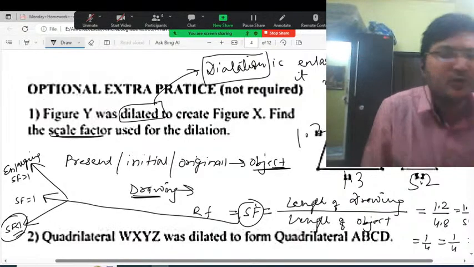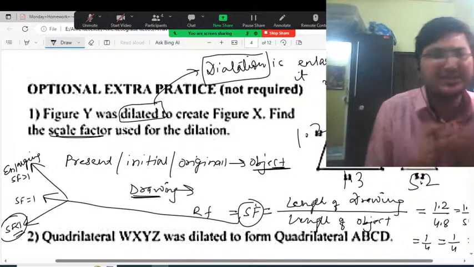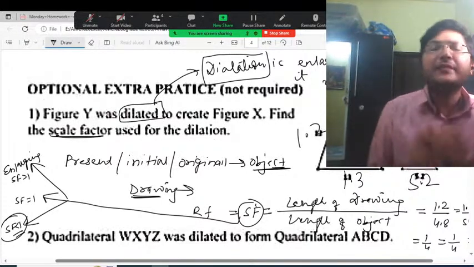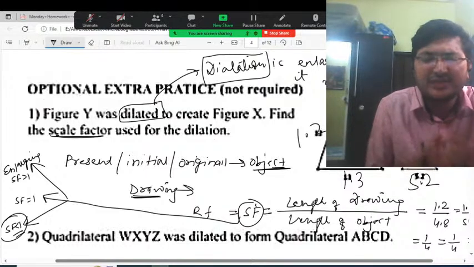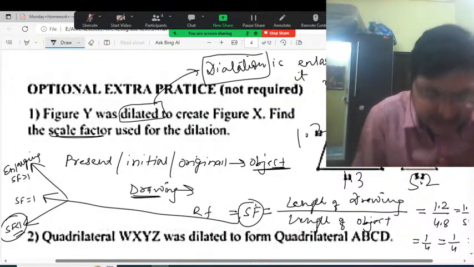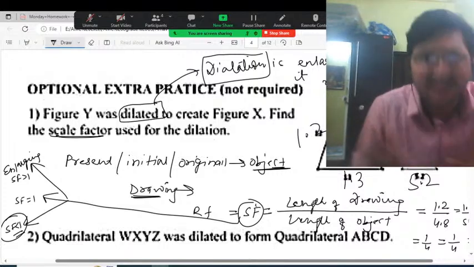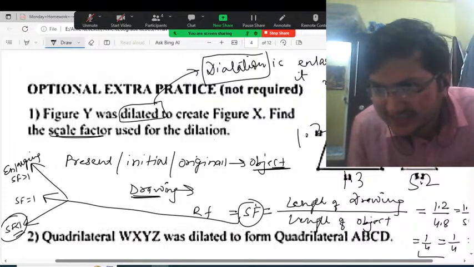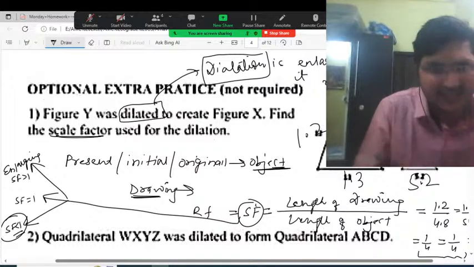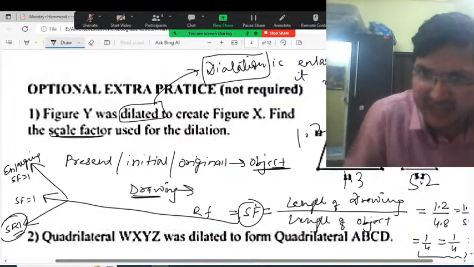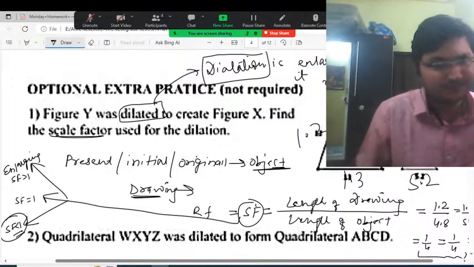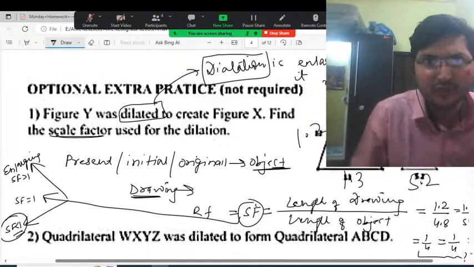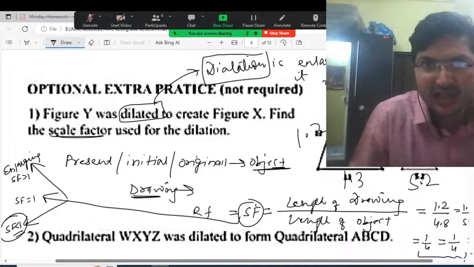Generally, if you want to plot something in math, you use a reducing scale. If you are observing a particular microorganism, in that case you enlarge something. Here the scale is reducing size, but it comes under dilation. Figure Y was actually dilated to create figure X.